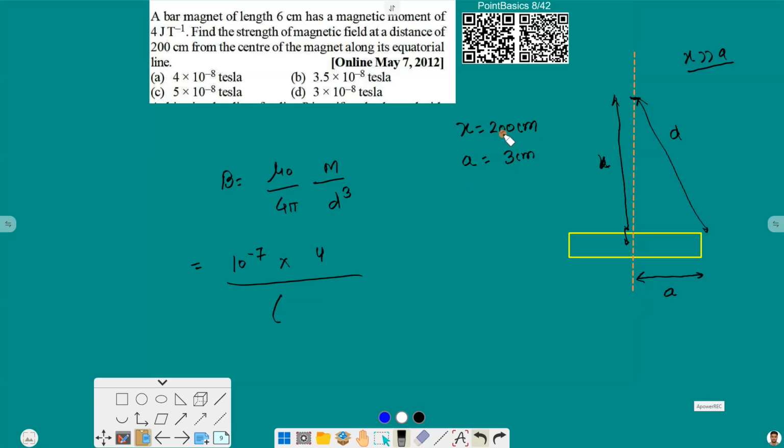So we will have d equal to 2 meter and cube of that. So that will be 4 by 8 or 0.5 into 10 raised to power minus 7, or 5 into 10 raised to power minus 8. Option C will be the right answer. Let's move to the next question.